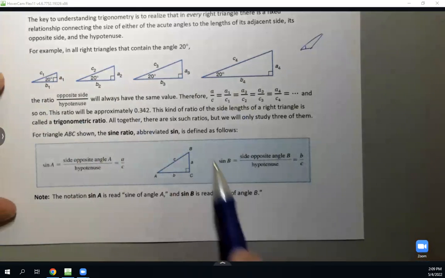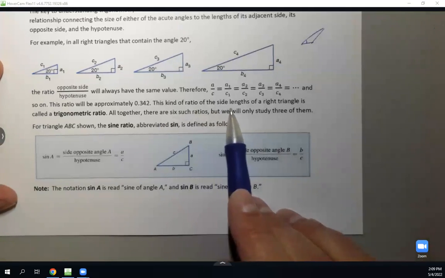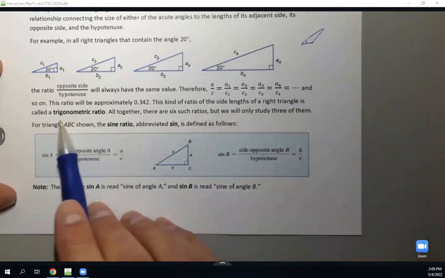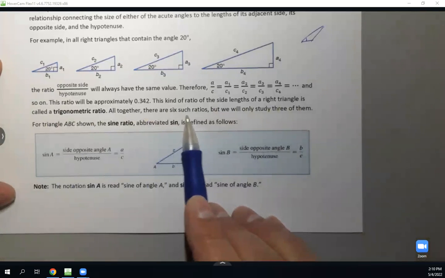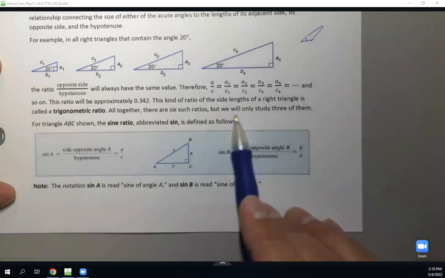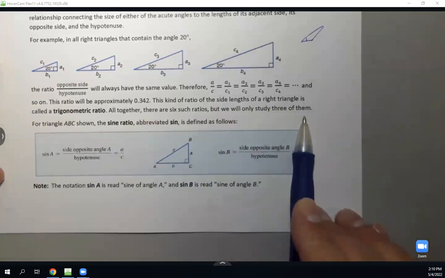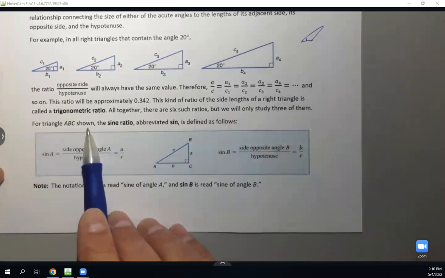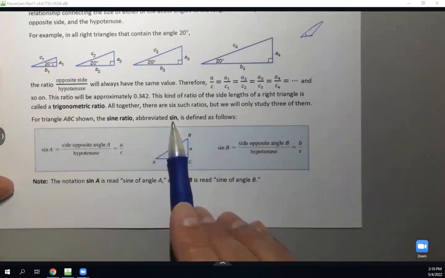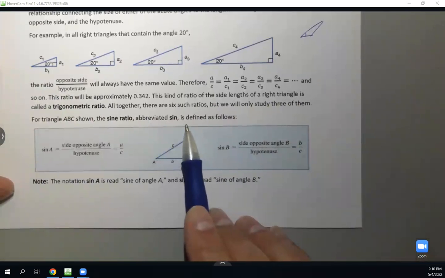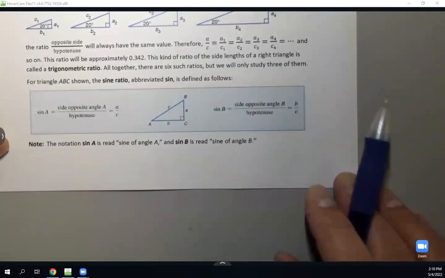Okay. So this kind of ratio of the side lengths of a right triangle is called a trigonometric ratio. Altogether, there are 6 such ratios, but we will only study 3 of them. For the triangle ABC shown, the sine ratio, abbreviated SIN, is defined as follows.